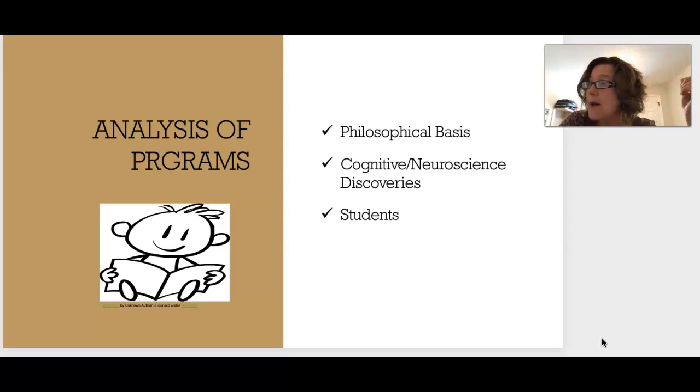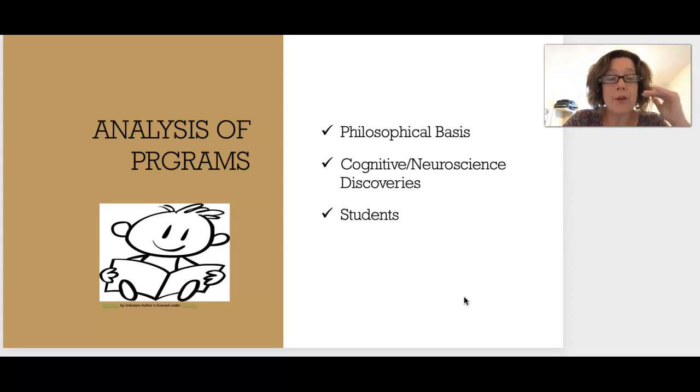Okay. Also, if you actually buy into the cognitive and neuroscience discoveries, then you need to be weighing every program against what they are putting forth. And what they are putting forth is that we need systematic phonics training, and not using context, not using pictures, not just sort of hoping that you'll memorize enough words to get by, but that you actually know how to decode.